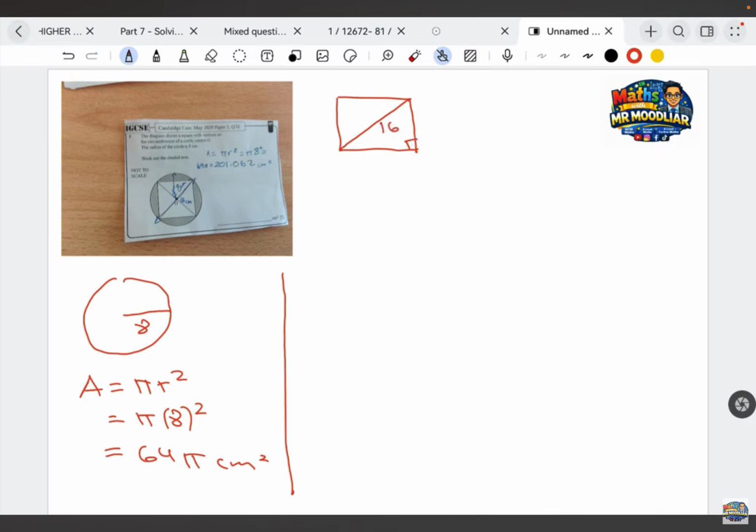Okay, and I'm trying to work out the area of that square. The area of that square right now, I'm going to call it x. So the area would be x times x, which is going to give you x squared. Beautiful questions.